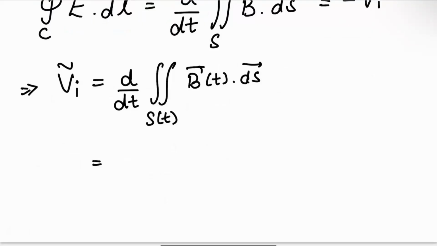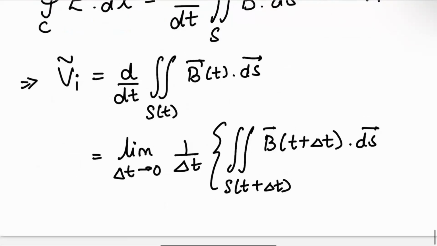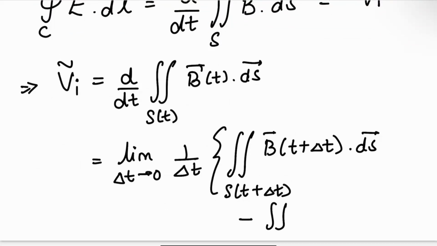Okay, so now we'll apply the definition of the derivative, which is that we have some small time delta t where it has shifted, times the surface integral at t plus delta t, B of t plus delta t dot dS, minus the surface integral at S of t, B of t dot dS.